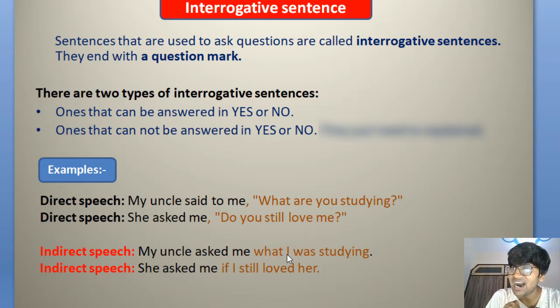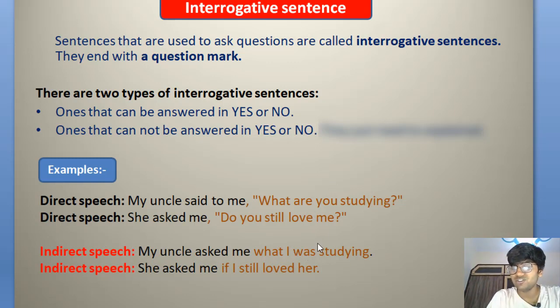If we place it after the verb, it will remain a question, and we do not want a question. We want a statement, an assertive sentence, right? And that is why we're placing the subject before the verb. My uncle asked me what I, that's me, what I was studying, not are.